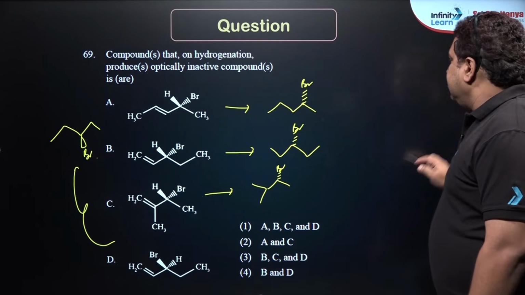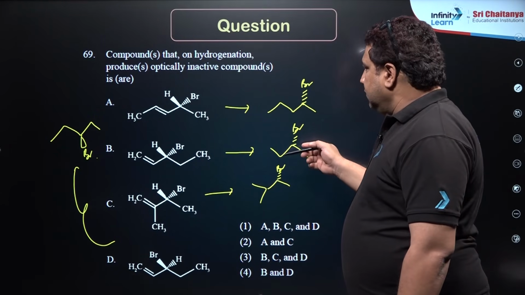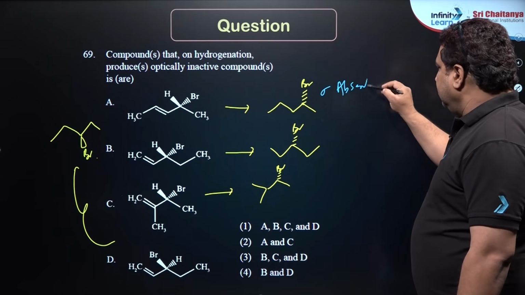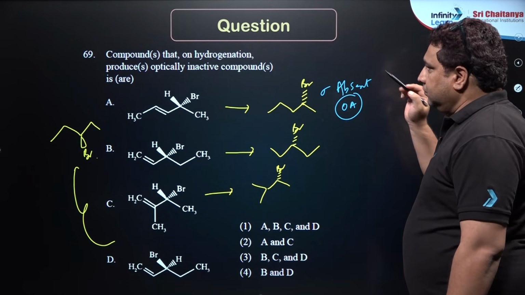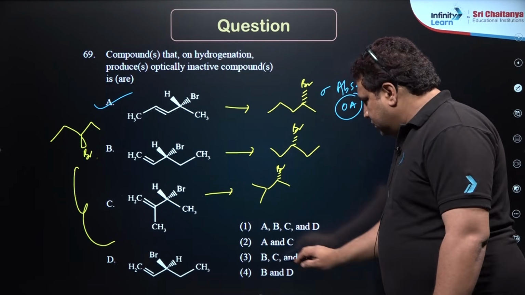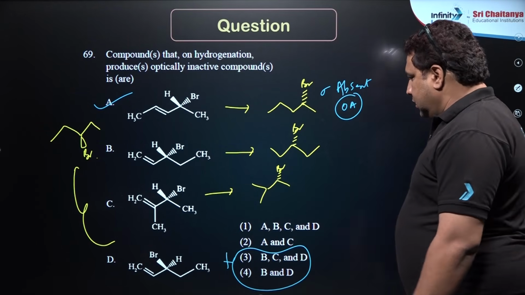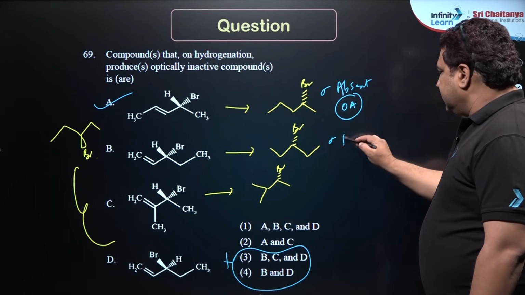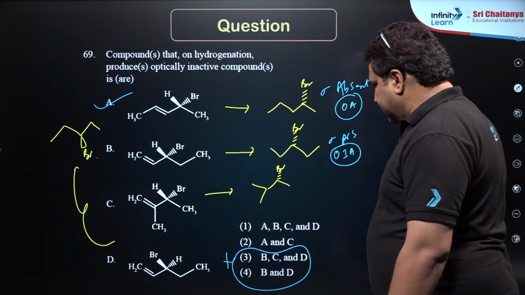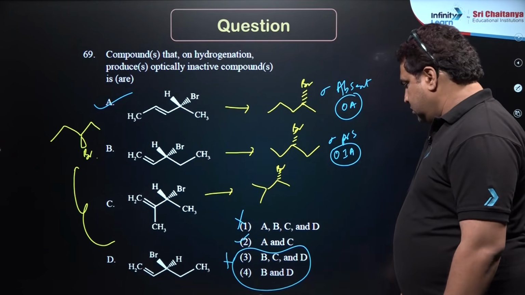So he is saying the compound that on hydrogenation produces an optically inactive compound. So here you can see the plane of symmetry is absent, correct? So this is optically active. So A can produce optically active, then 3 and 4 cannot be the answer. Let us see B. In B, the plane of symmetry is present, so optically inactive. B cannot be the answer.